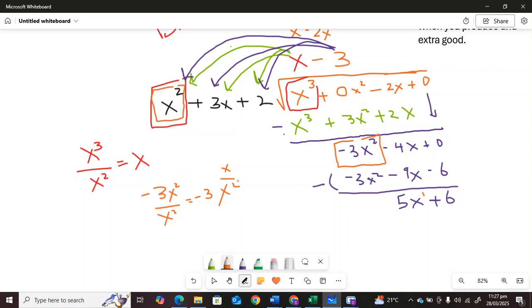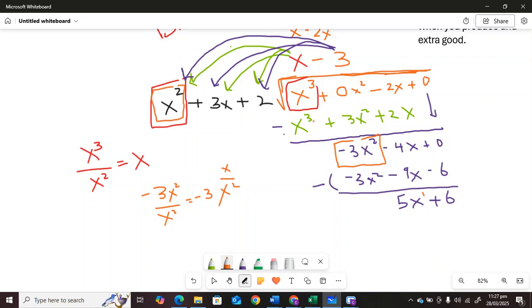Yes? Yes. You're only dividing the x squared, and you'll be dividing it by the leading terms in this division thing.